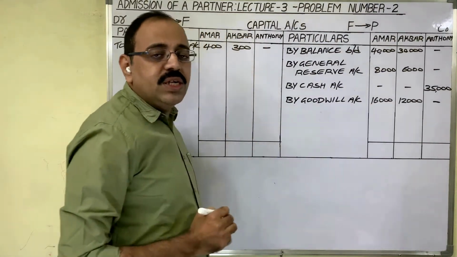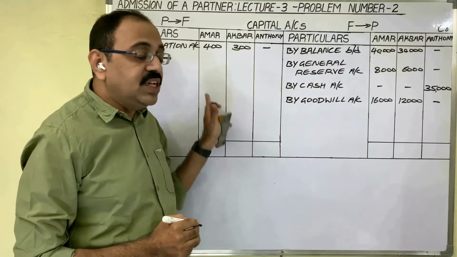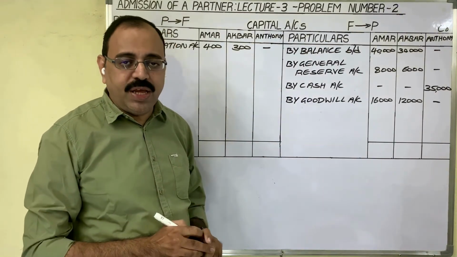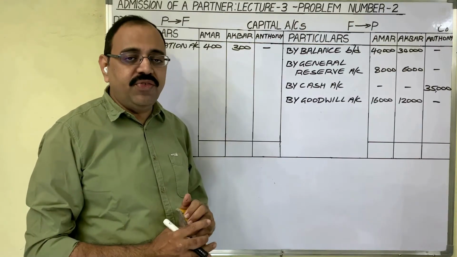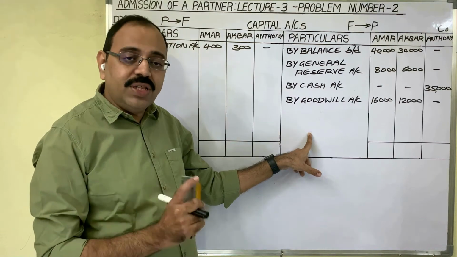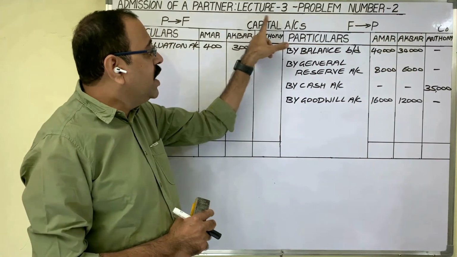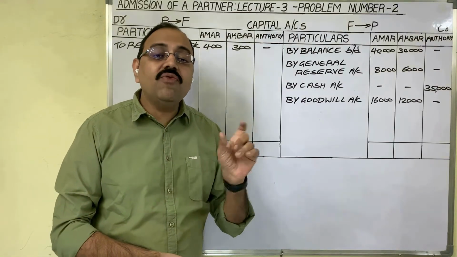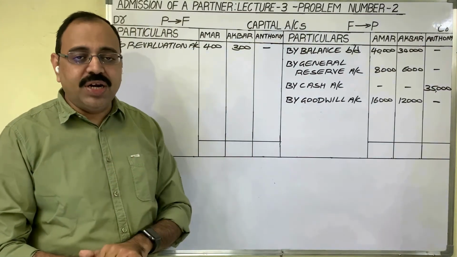See, by using journal entries, we posted all adjustments in capital accounts. Suppose we are not preparing journal entries. Without using journal entries, how do we post the transactions in capital accounts? For that, you have to remember that capital account is a personal account, because instead of the owner's name, we write the word capital.